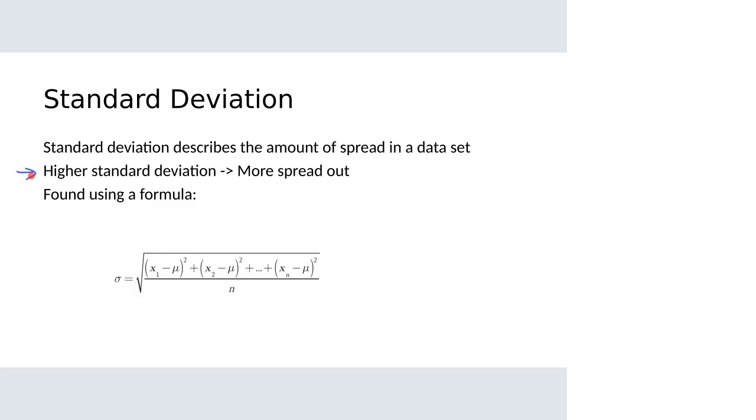Logic would point you in the right direction here. The higher standard deviation that a data set has, the more spread out the data points are. So if we had one data set with a standard deviation of 9 and another data set with a standard deviation of 11, the one with the standard deviation of 11 would be more spread out.